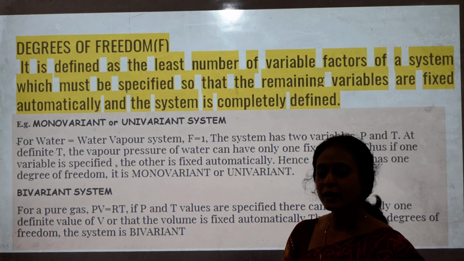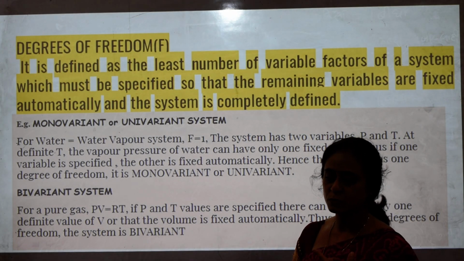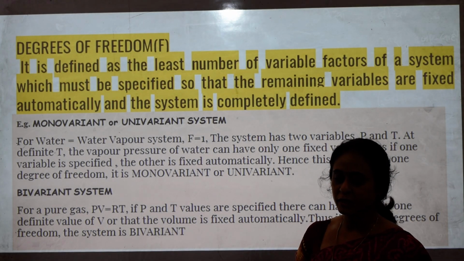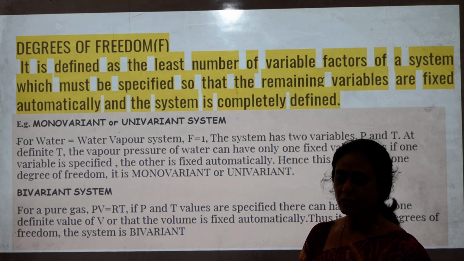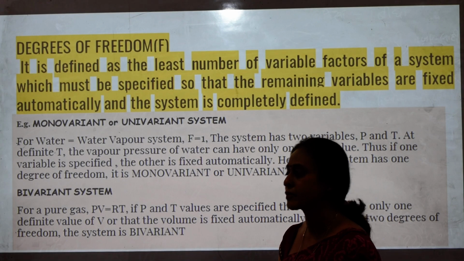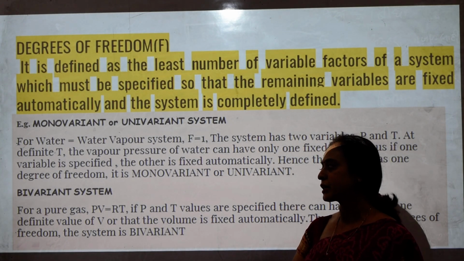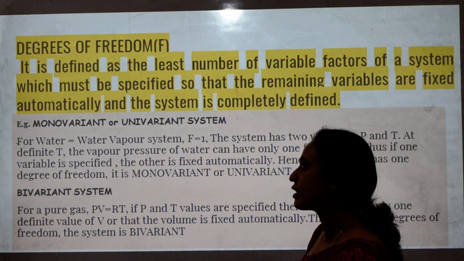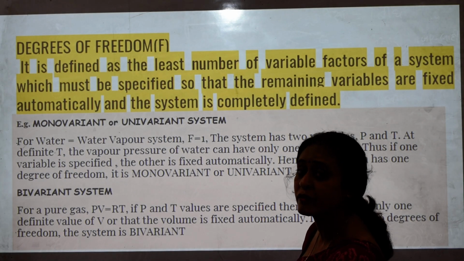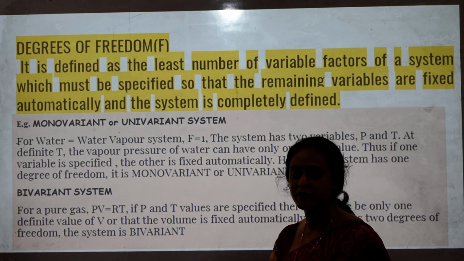Here, if only one variable is required to define the system, that will be termed as monovariant. Only one is needed. Variables are what? Pressure, temperature, concentration, these are the variables. If for defining any particular system one variable is required, then it is monovariant. If two variables are required, that is bivariant.